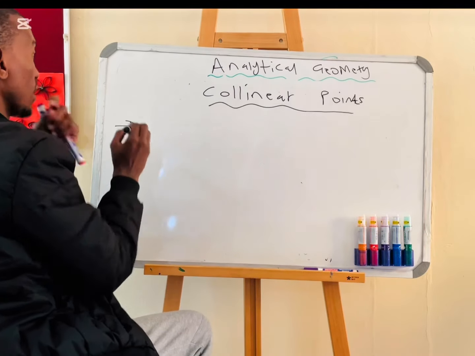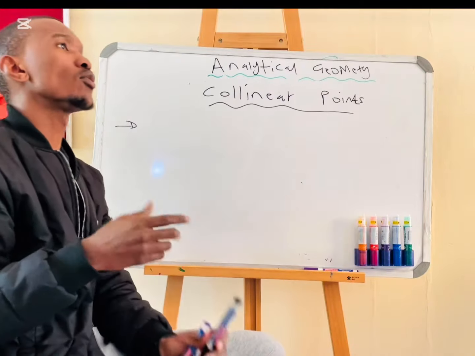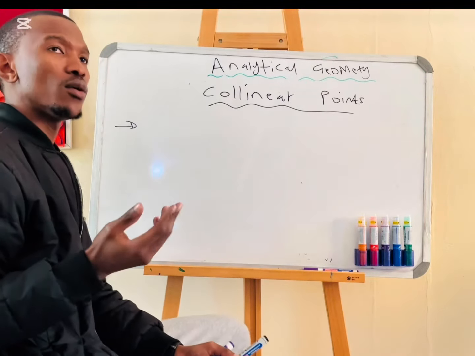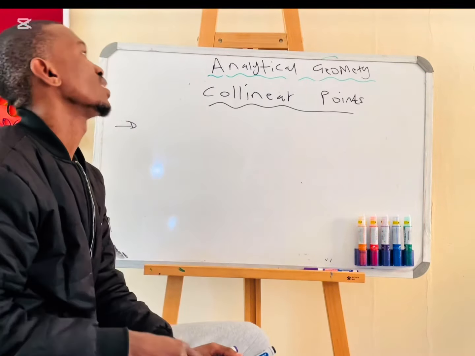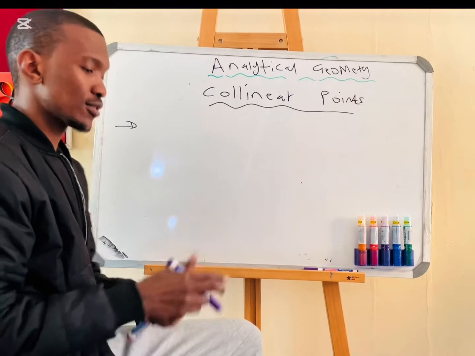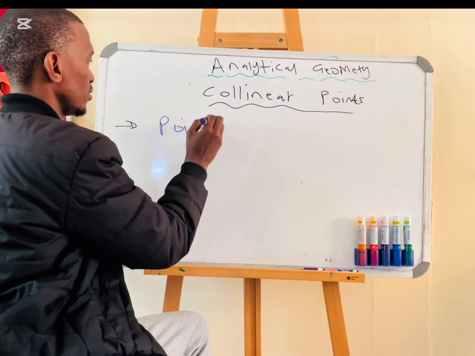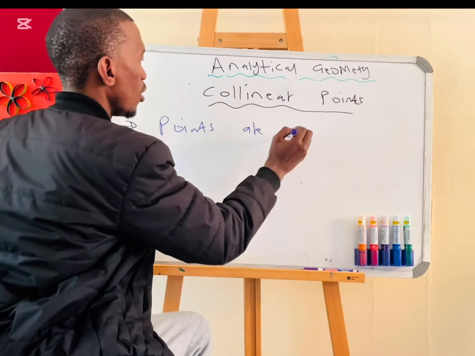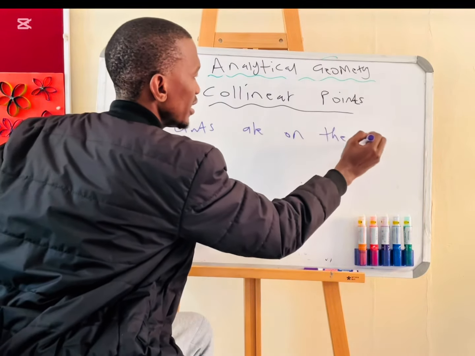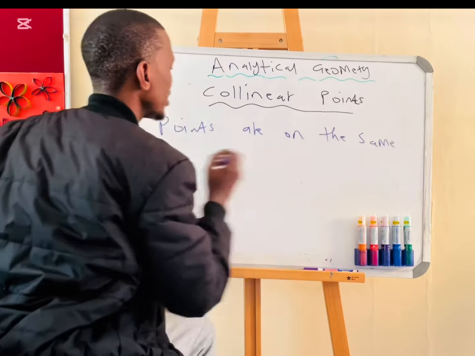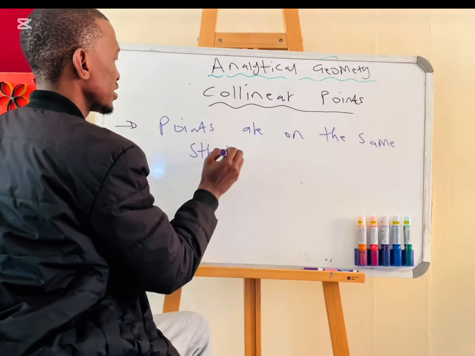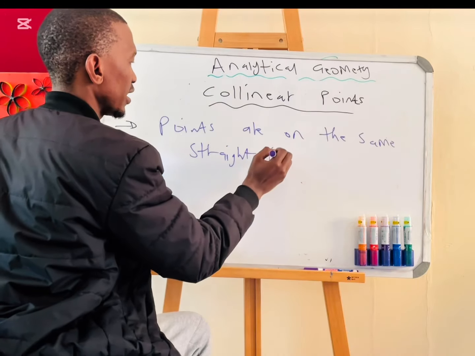Okay, the term collinear basically simply tells you that points are on the same straight line.